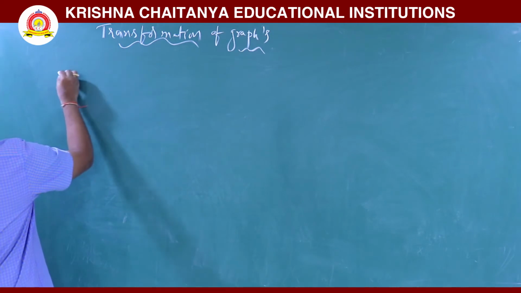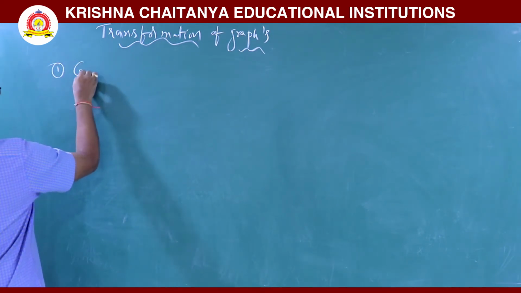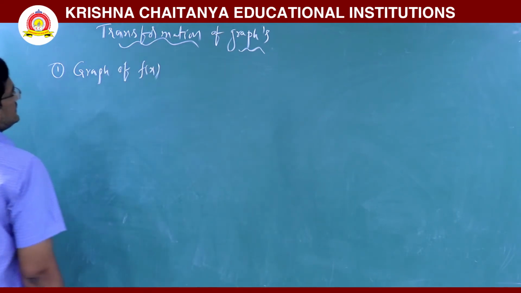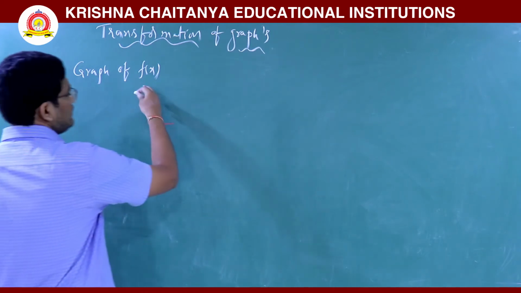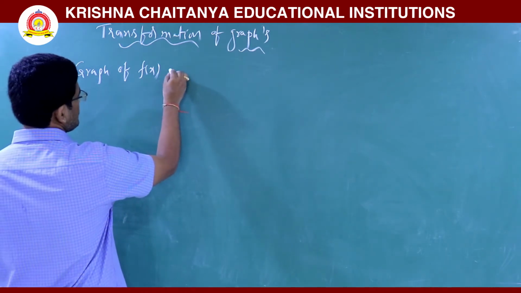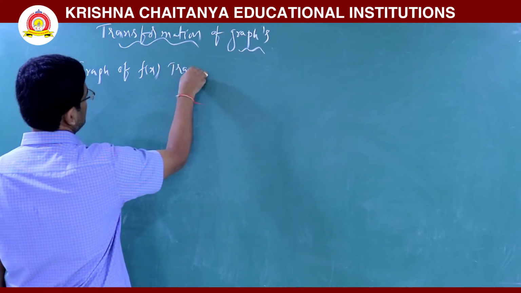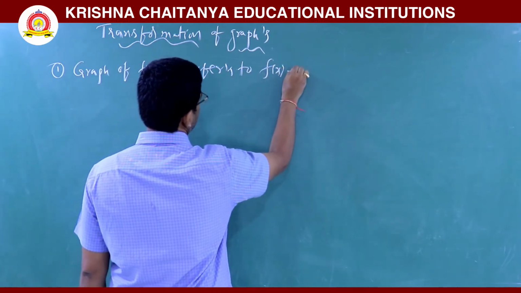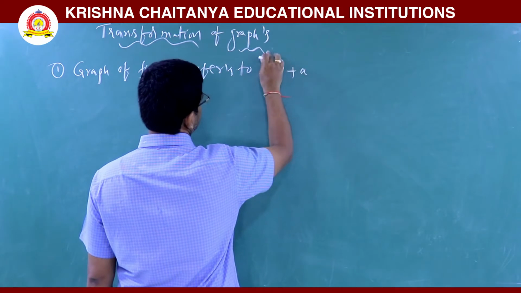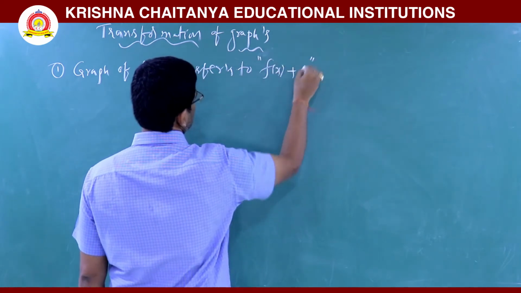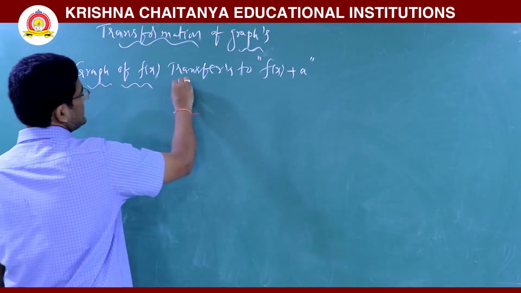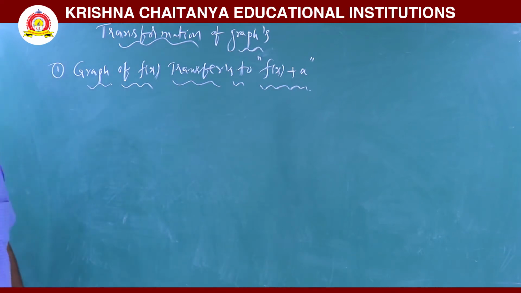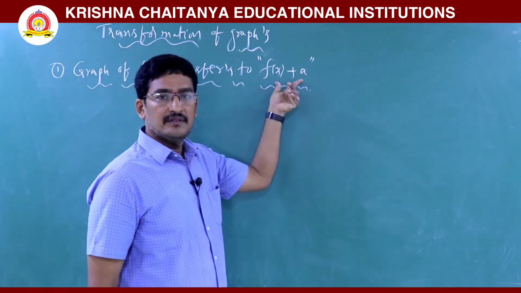Transformation of graphs. First, I am taking the graph of f of x. When the graph of f of x transfers to f of x plus a, what about the f of x plus a graph?